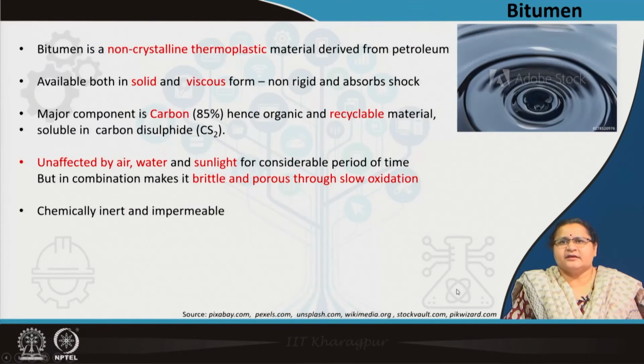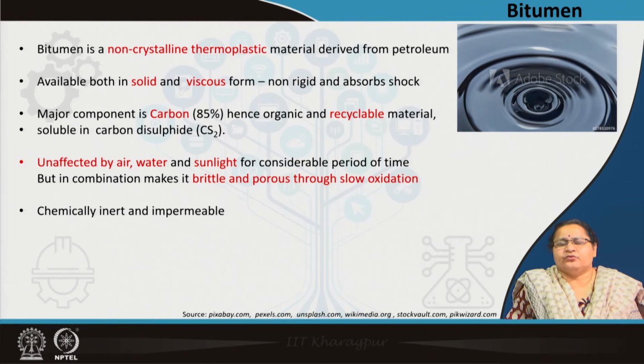So, now let us come to the material bitumen. Bitumen is one material which was extensively used in damp proofing when we are talking about buildings, but maybe 80% of bituminous materials are used for roads, which is not under our purview.